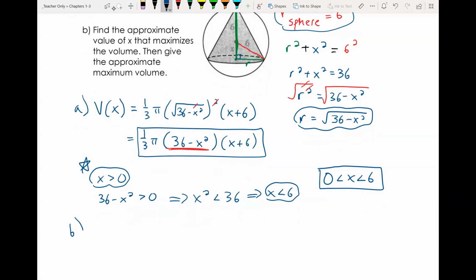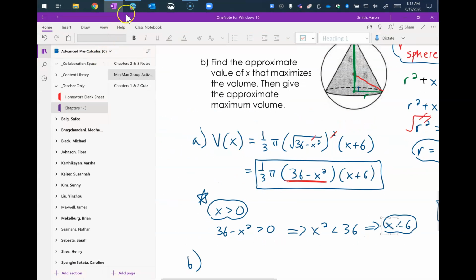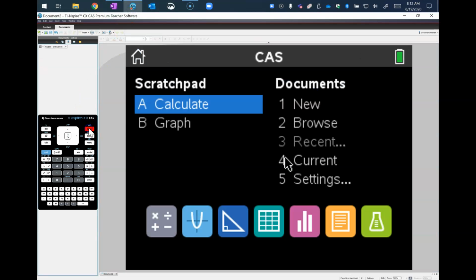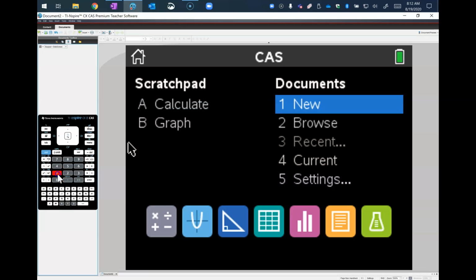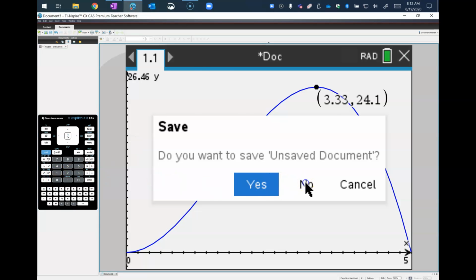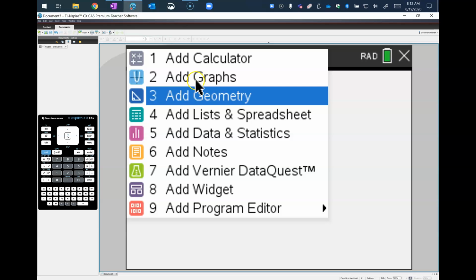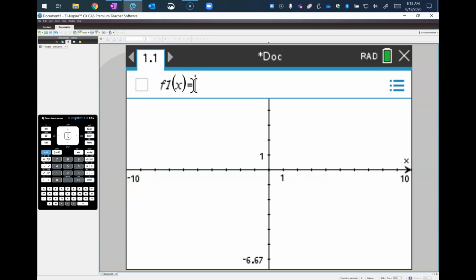So then finally for part B, if we graph this on the graphing calculator, we can get the value of x that maximizes the volume and the maximum volume itself. I'm going to go ahead and just get a new document. It's usually easier to just do that. Let's go ahead and graph this.